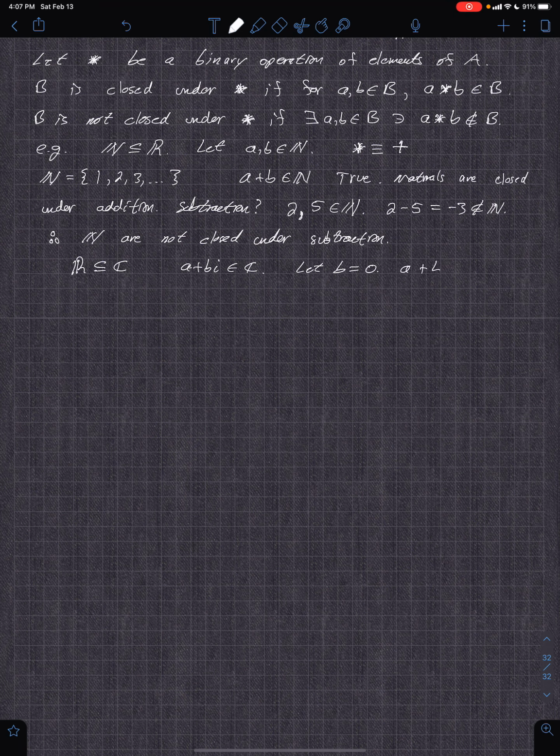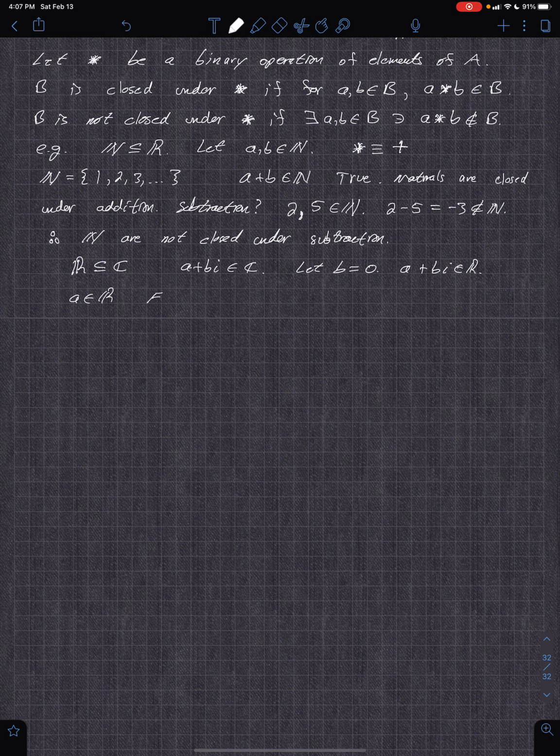So a plus bi is just a in R, and any two elements in R stay in R when you add them, multiply them, divide them, subtract them. So in other words, the reals are closed.